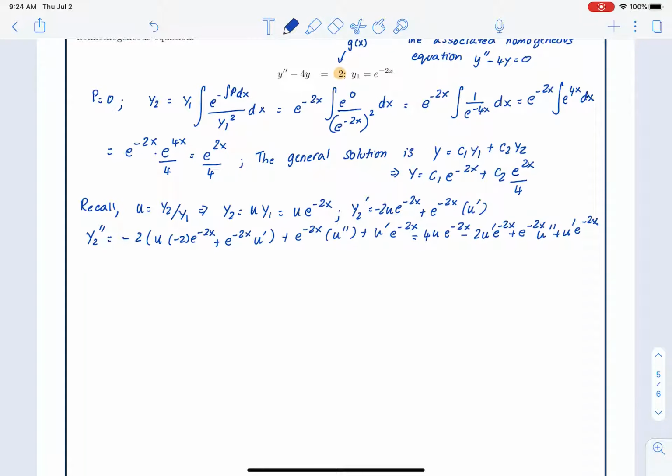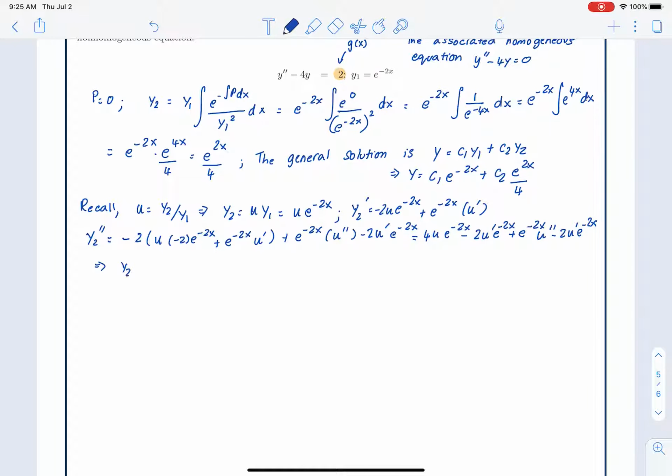I feel like I'm missing a 2 here, so let me double check. Ah, there should be a negative 2 here, so that would end up becoming negative 2 u prime e raised negative 2x.